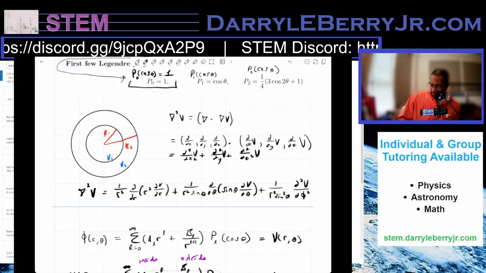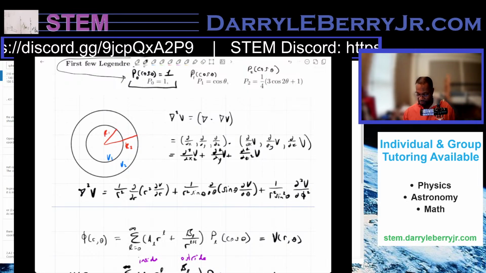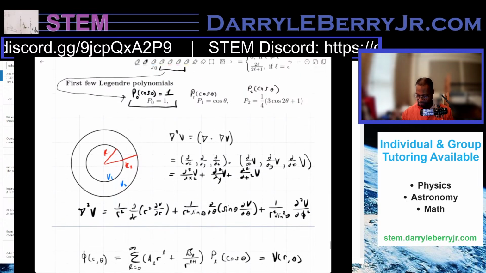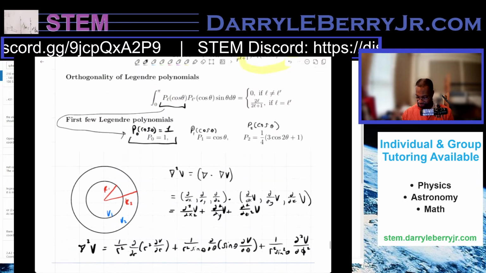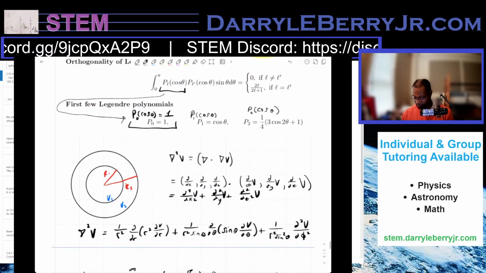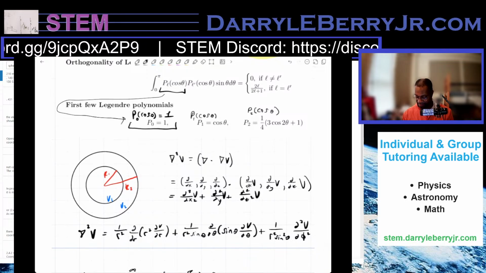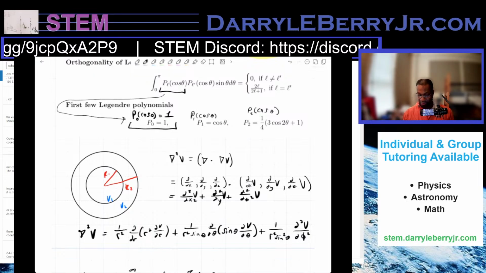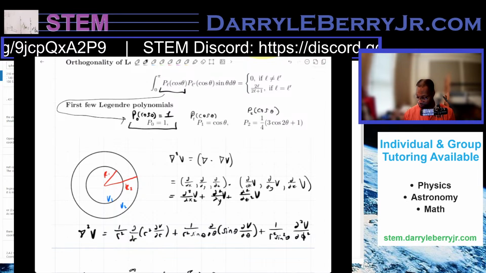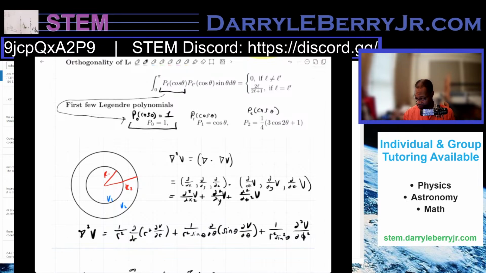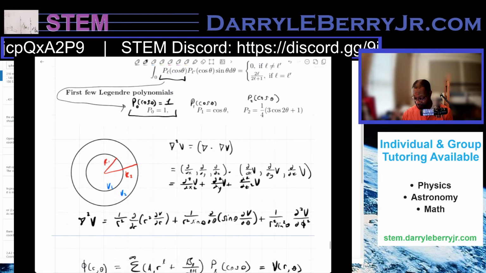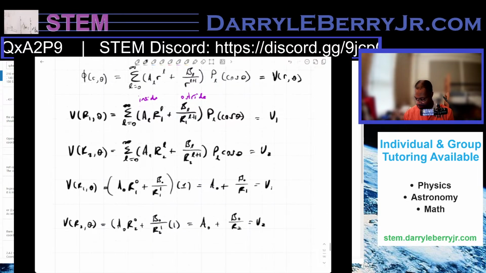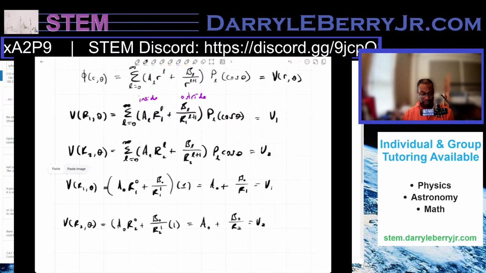There's a potential between them. Each of them has a different potential. And because there's no change according to the angle, no matter which angle you're at, the potential is the same. It only changes per radius. The only Legendre polynomial that has no theta dependence is the first one, because the one where L equals 1 depends on theta because you have a cosine theta. The one where L equals 2, you have 3 cosine squared theta, so it has to be L equals 0. So we'll just plug in for L equals 0, and we get those.